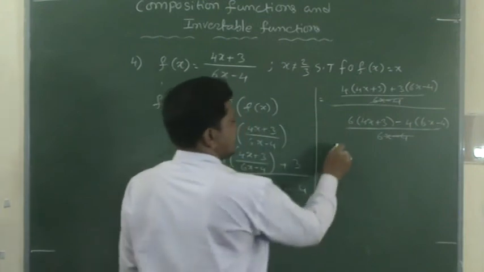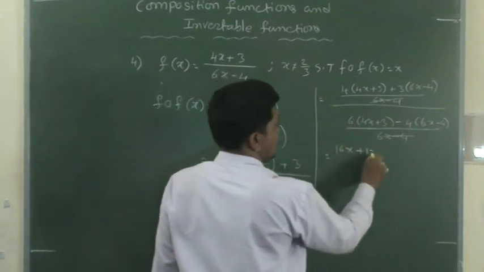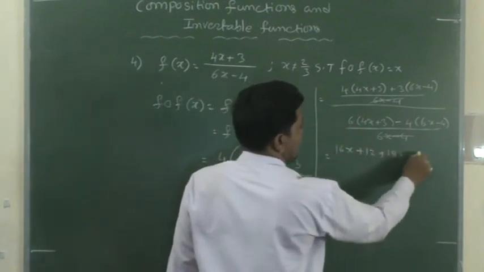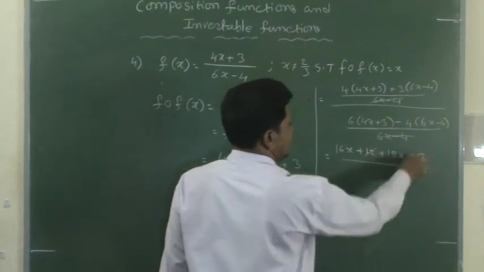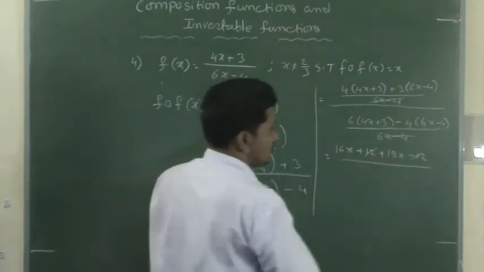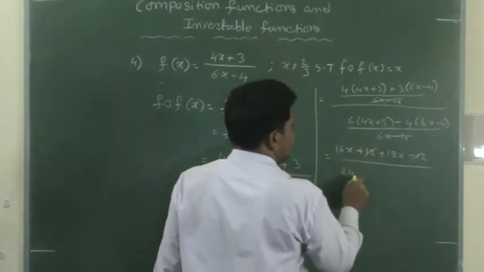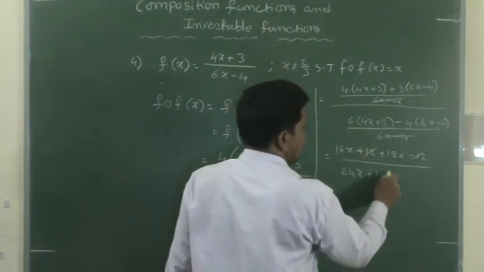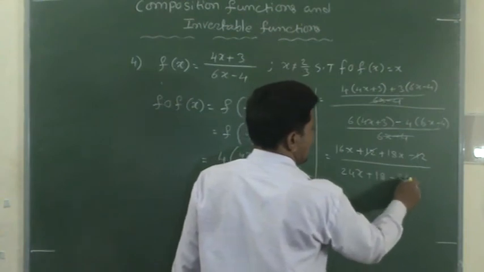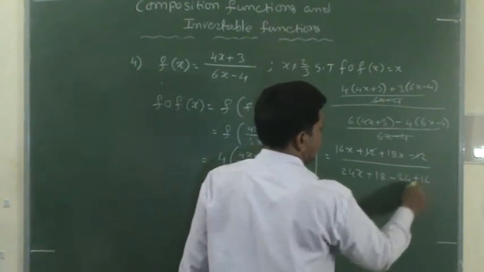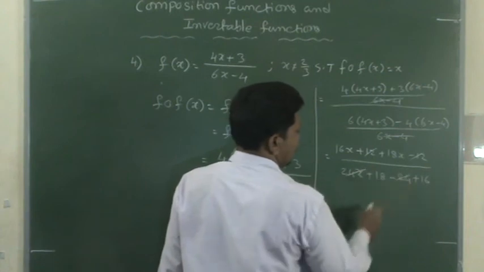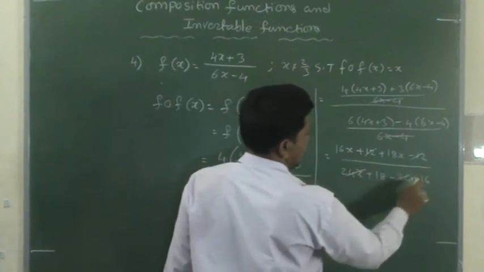We get 16x plus 12 plus 18x minus 12. So the total cancels. Is it right? Check it here, right or wrong? And 24x plus 18 minus 24x plus 16. So 24x cancels.